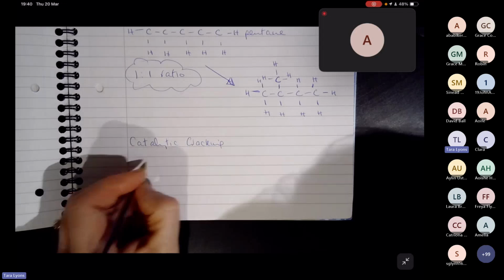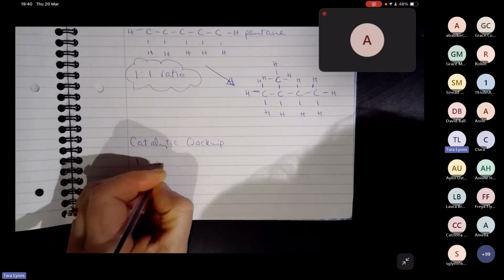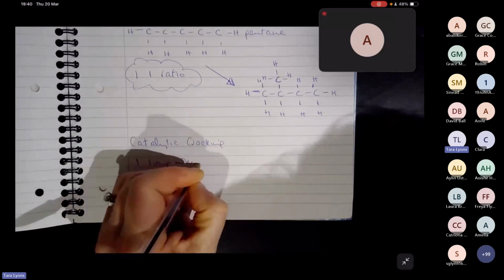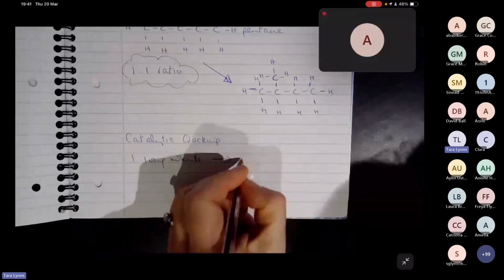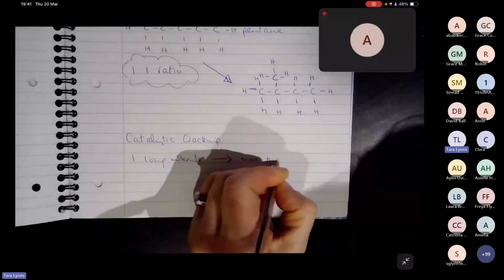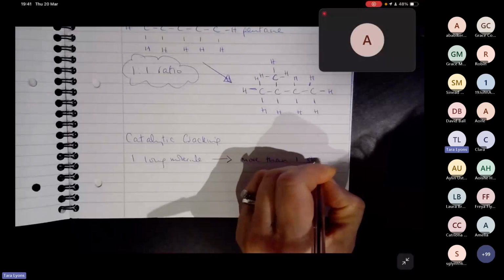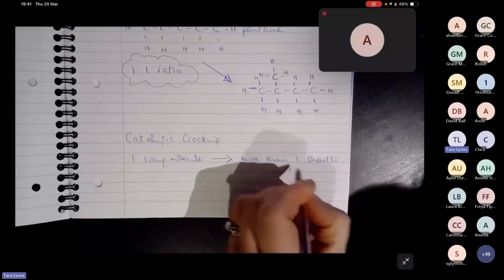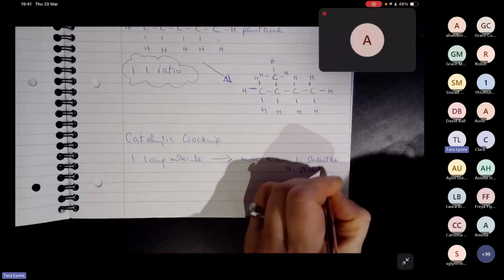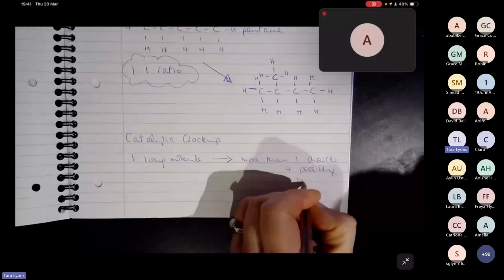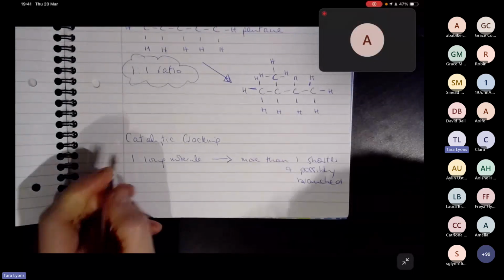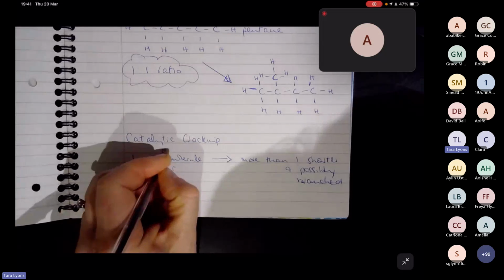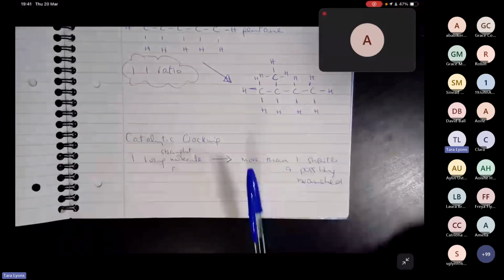Now that's where you take one long molecule, and remember there's low demand for this, and we're going to break it up into more than one shorter and possibly branched molecule. So you're going from one long straight molecule, and we're making it into more than one.